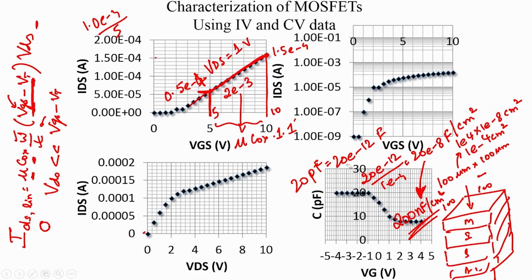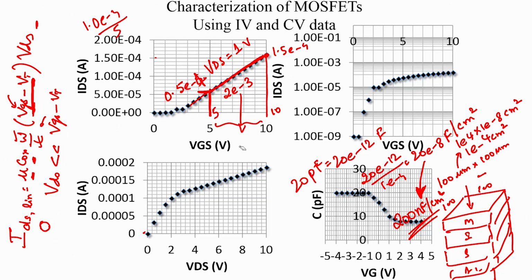Okay. Now we know Cox is 200 nanofarad per centimeter square, 200 e minus 9 per centimeter square, and that into mu is equal to 2 e minus 3, which implies that that is going to be E6 and that is going to be E4, okay, which, if I have not made a mistake here, says that the mobility is quite high, in fact dramatically high, okay, and it is about 10,000 centimeter square per volt second.